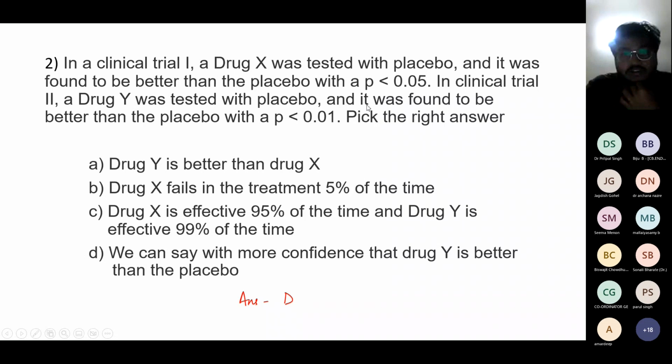But since we are not given any exact value, all we can say is that drug X is better than the placebo with 95% confidence, and in the second case drug Y is better than the placebo with 99% confidence. So the final statement is that we have more confidence that drug Y is better than the placebo.